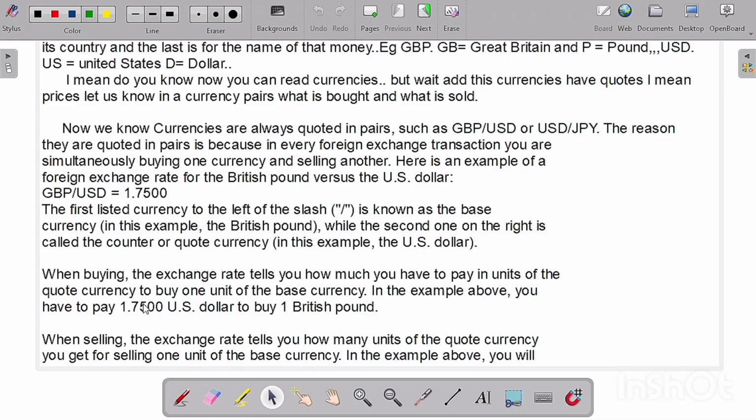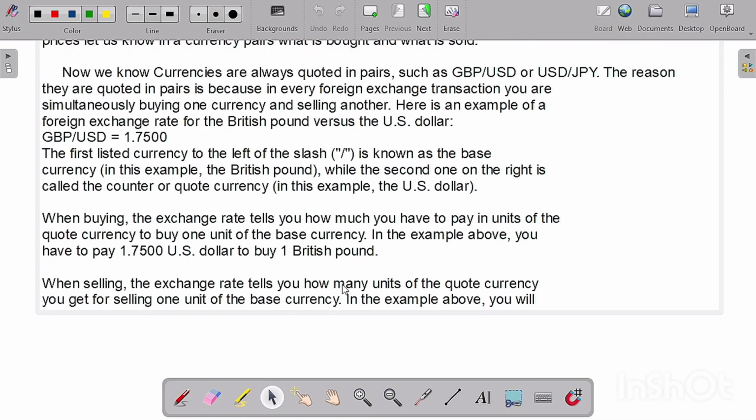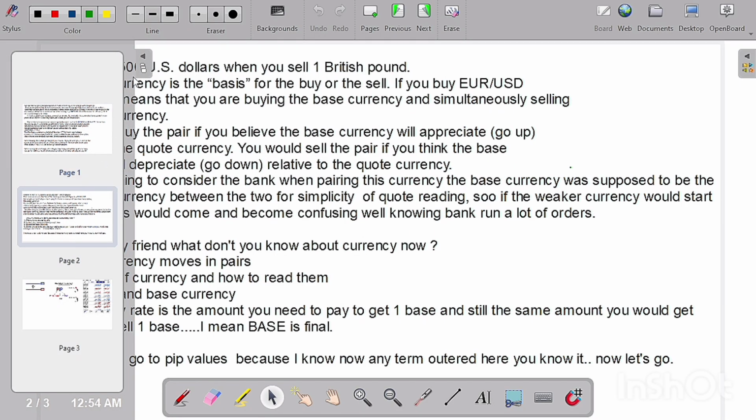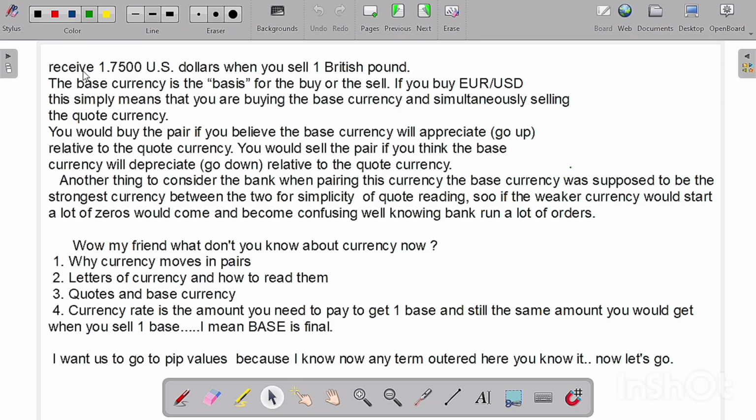When selling, the exchange rate tells you how many units of quote currency you'd get for selling 1 unit of base currency. In the example above, you will receive 1.75 US dollars when you sell 1 Great Britain pound. So you can see the Great Britain pound, the base currency, doesn't change.